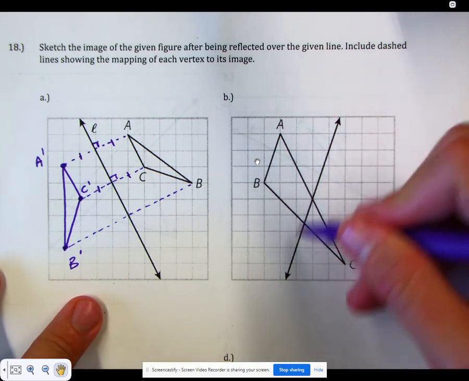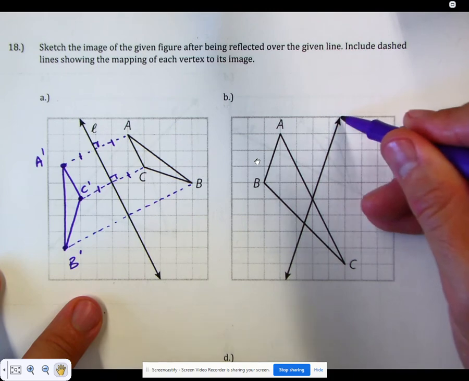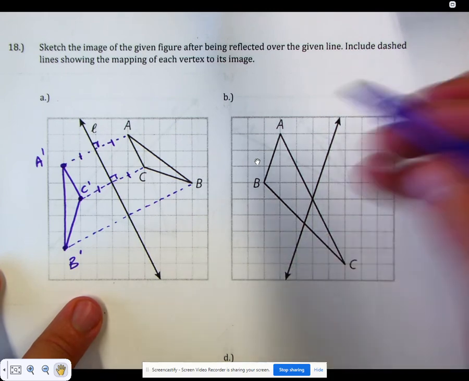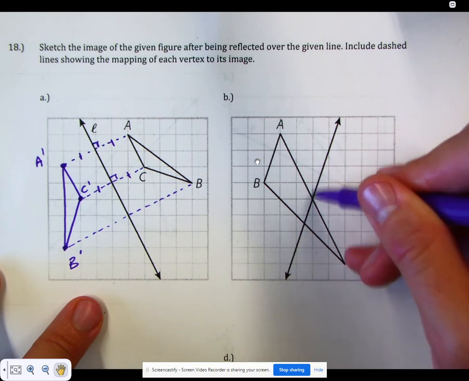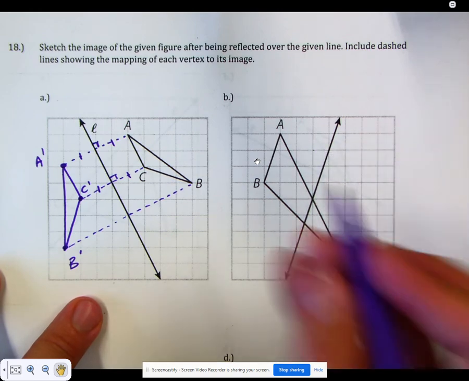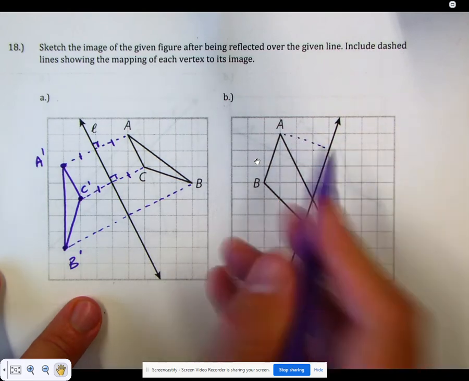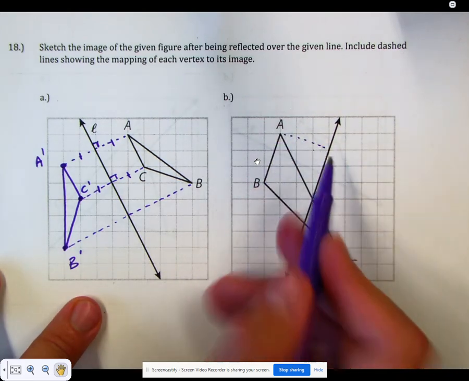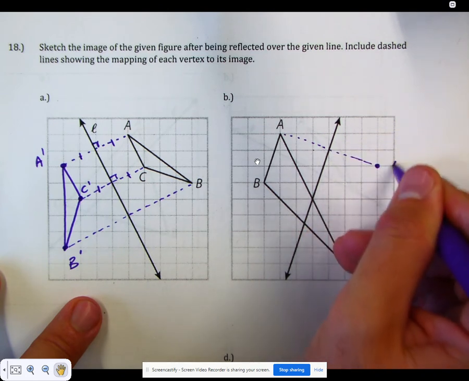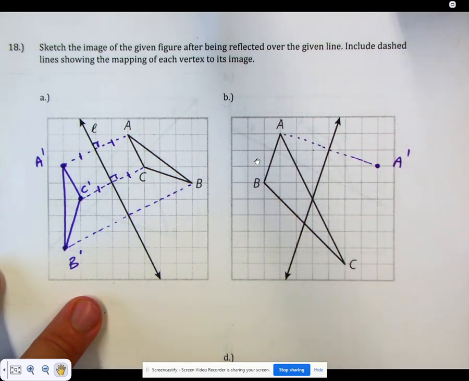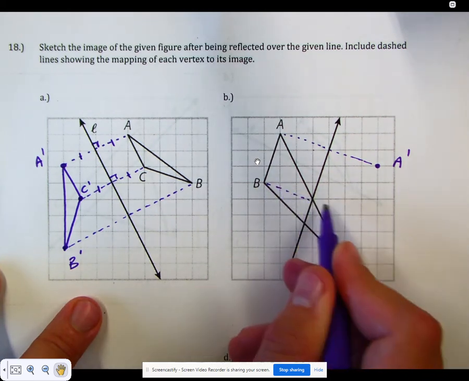The slope here is positive 2. See how it's up 2 over 1 slope? I'm sorry, I misspoke. It's 3. My apologies. If you follow this line, it's up 3 over 1. So now the path I have to follow is a slope of negative 1/3. If we follow that, we get point A prime there. B, same thing. Follow this path.